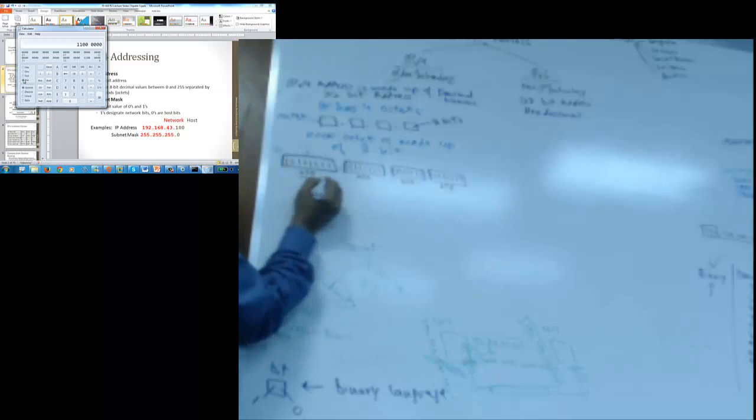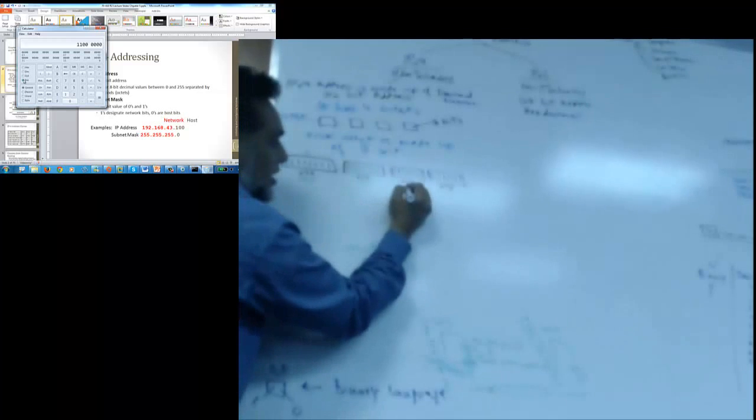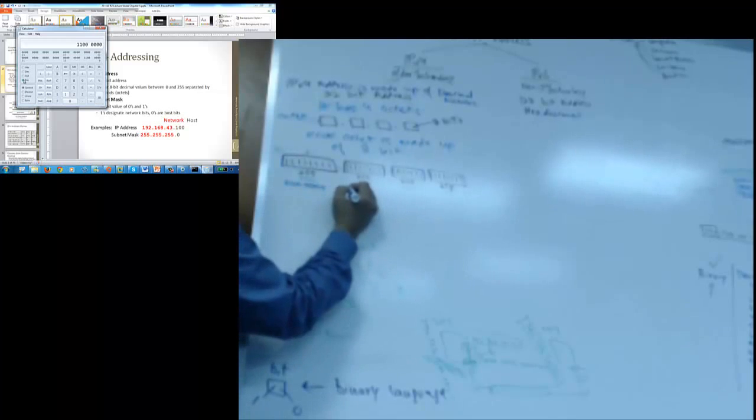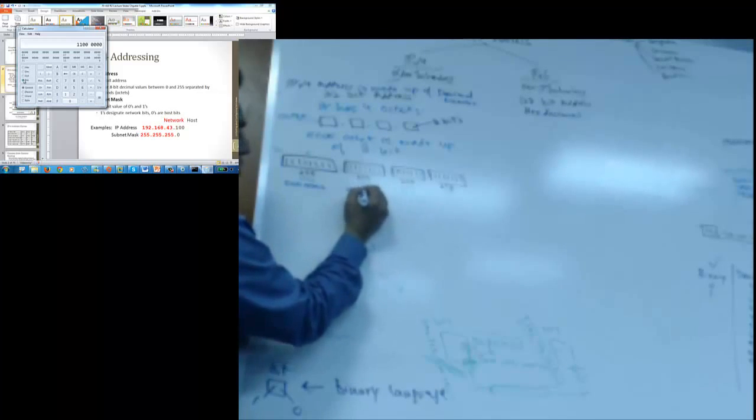Now let me write my IP address and then write the number here. So here my IP address is 192.168.100. So now let's write the number. So first one is 11000000. And second one 10101.